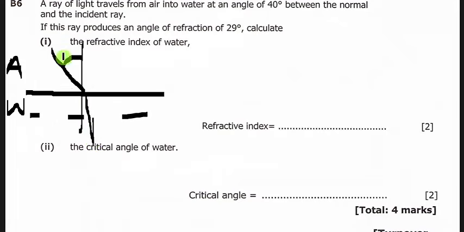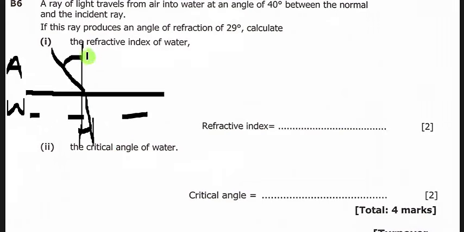Because when a ray is moving from a less dense medium, air, into a more dense medium, water, the ray will bend towards the normal. So they are telling us that the ray produces an angle of refraction of 29. So that means here we have 29 between the normal and this ray.